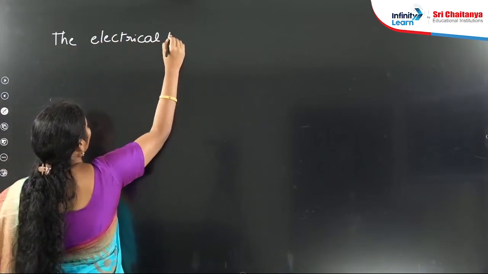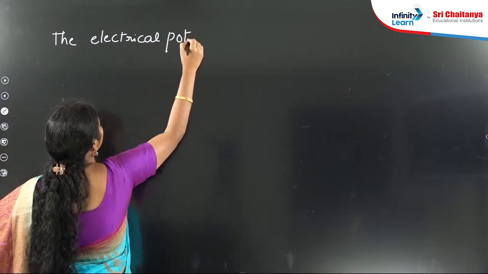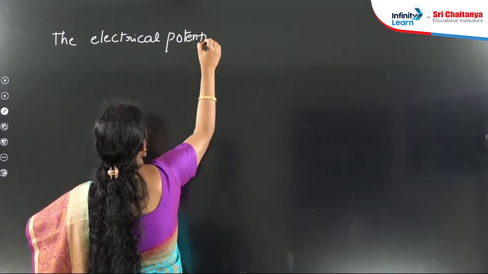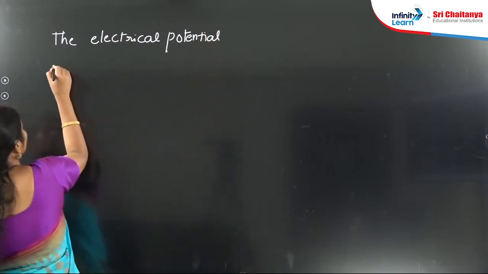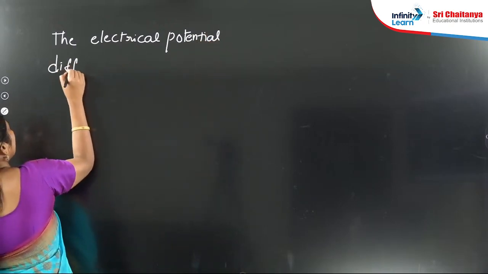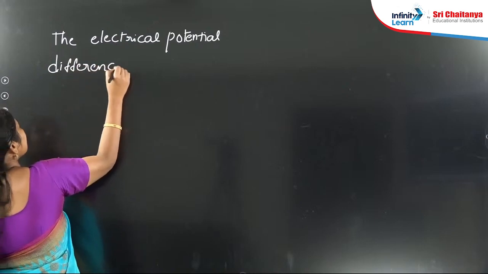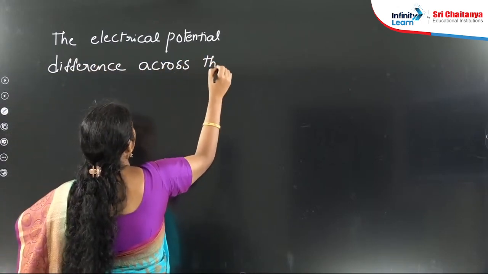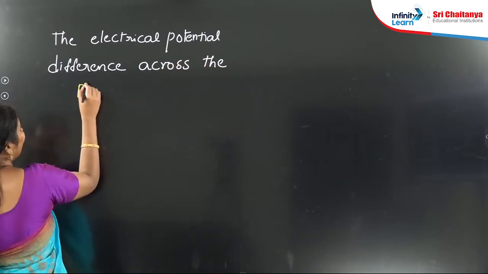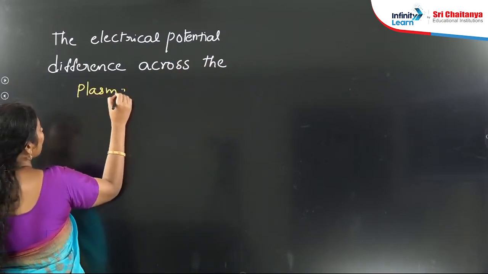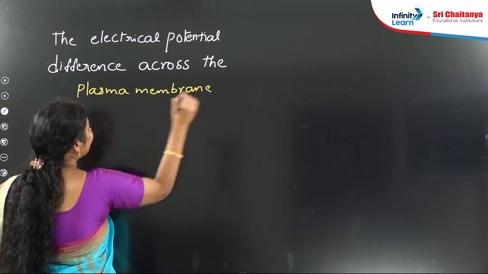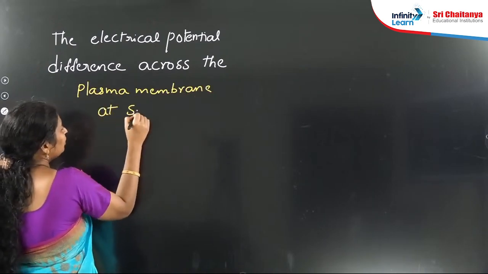Okay, what is the definition of action potential? The electrical potential difference across the plasma membrane at site A. Where has the difference developed?